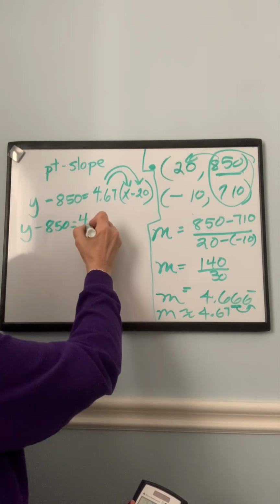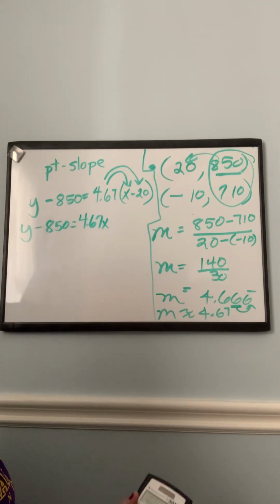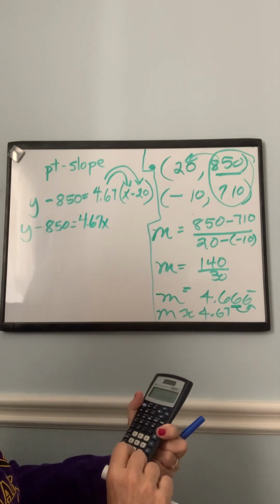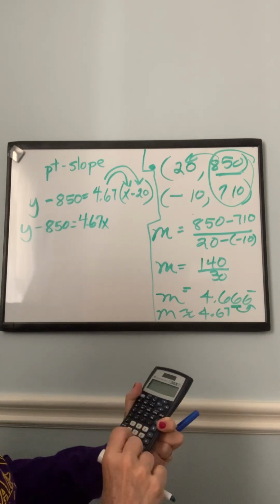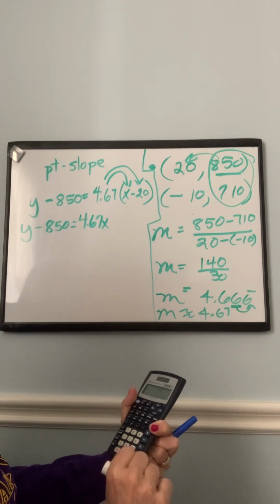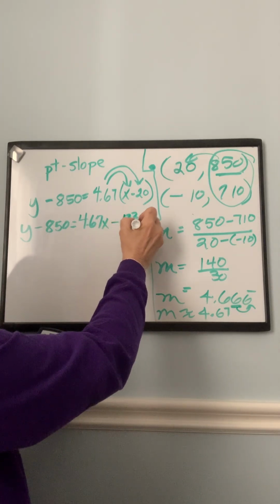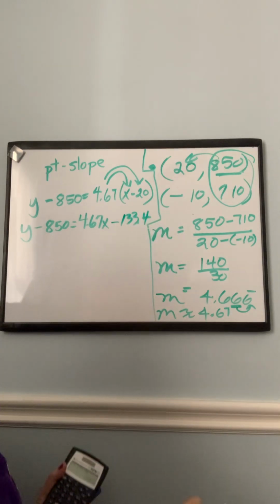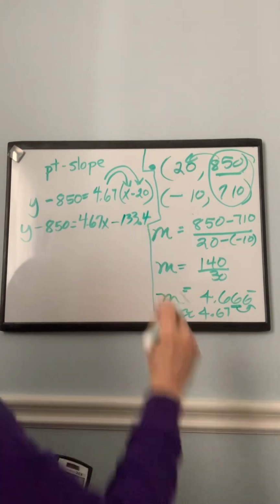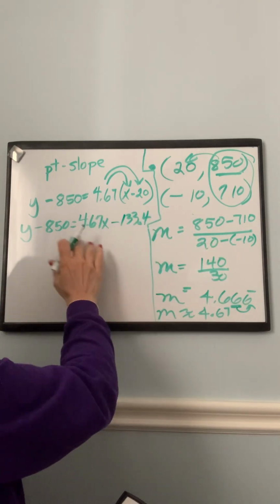So 4.67 times x is simply 4.67x. But 4.67 times 20, negative 20, is negative 93.4. So that's a decimal here. Now here is what we're doing. We're showing our work, which is a requirement on some of your assignments for this unit.